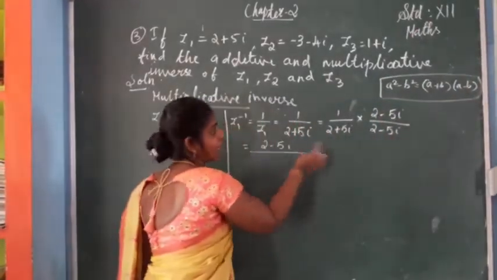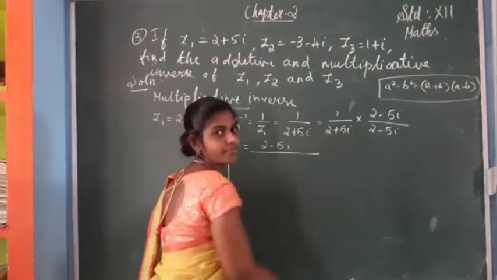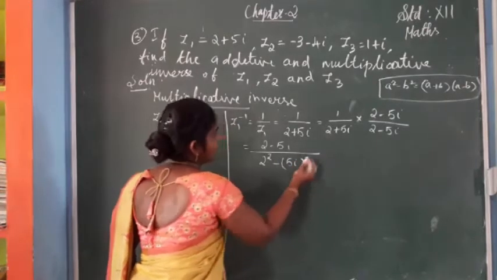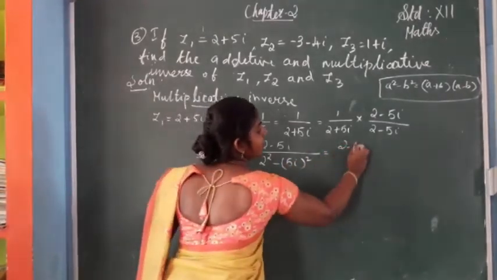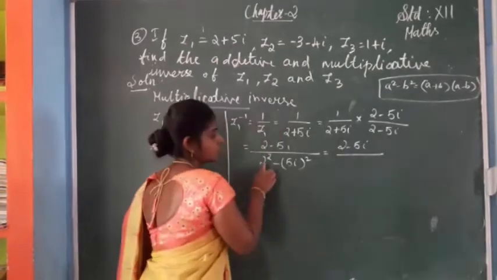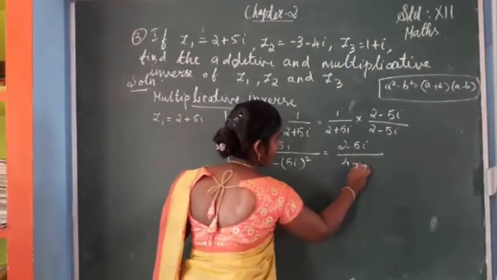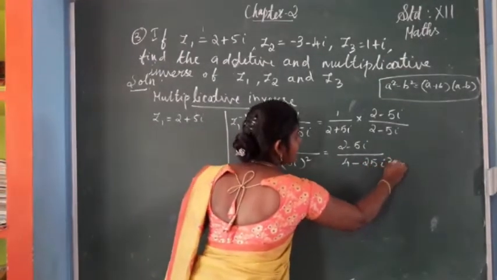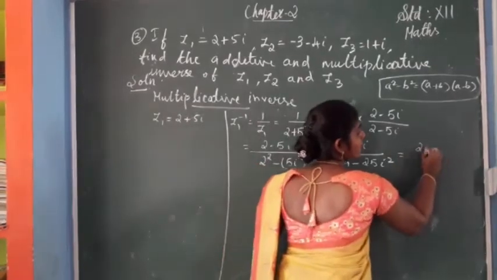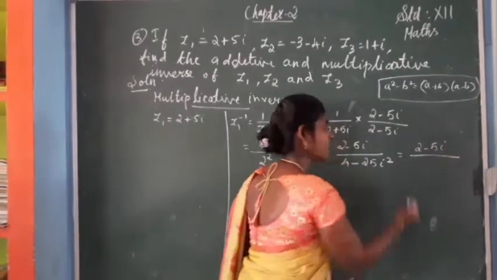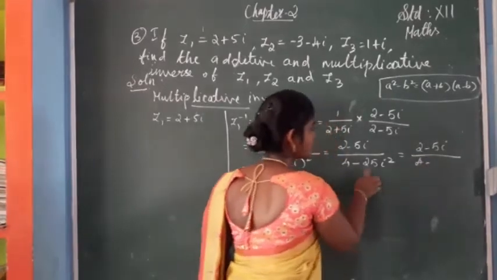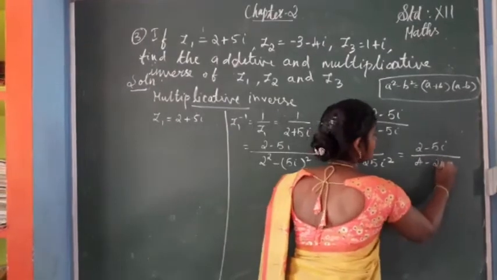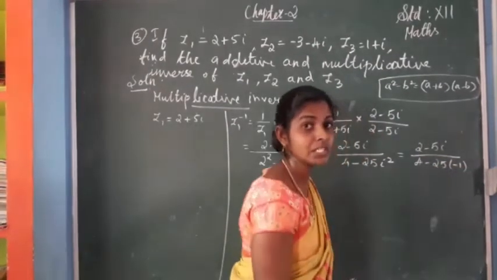So a value is 2, b value is 5i. So 2 square minus 5i the whole square, that's equal to 2 minus 5i divided by 2 square, the value is 4, minus 5 square, the value is 25, into i square. That's equal to 2 minus 5i divided by 4 minus 25 into minus 1, since i square value is minus 1.